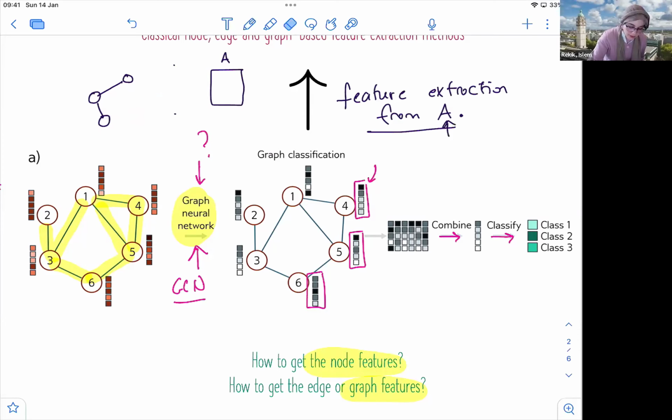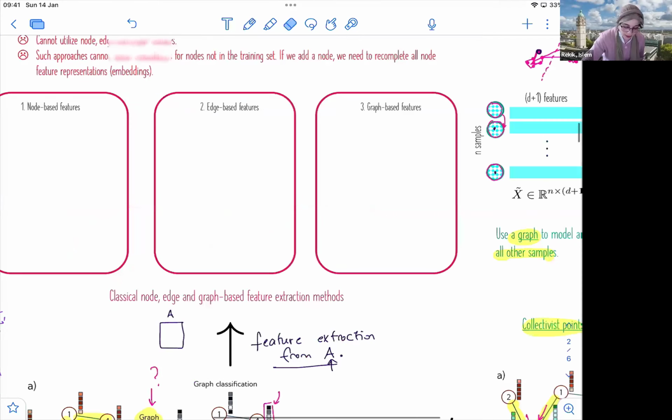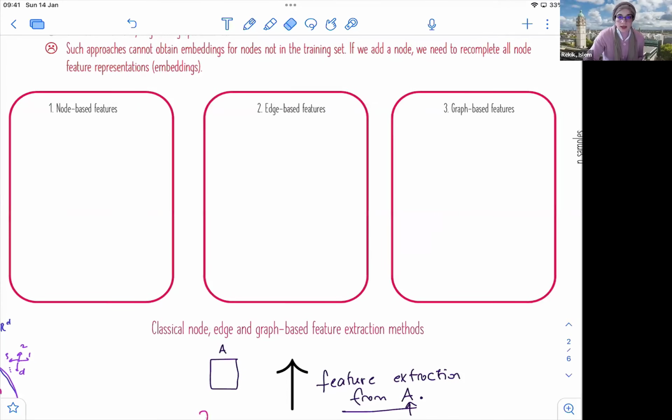All right, so we're going to take a very simple example here. And in graph theory, there are so many methods that allow us to extract features for nodes, edges, and graphs, okay? And the simplest way, so I'm going to cover these, but if you are interested to learn more about these approaches, you can read on that, and I'll provide a few resources in the video caption below.